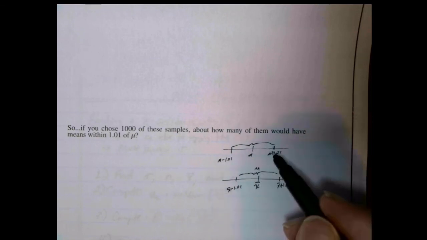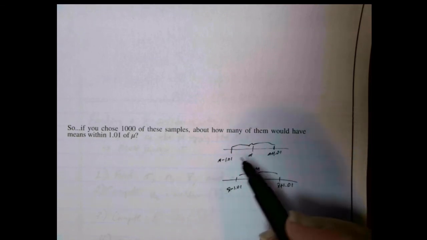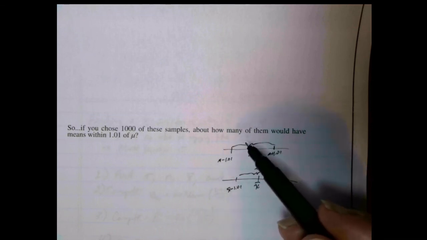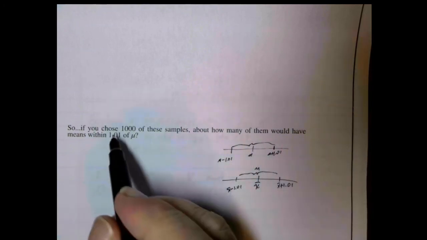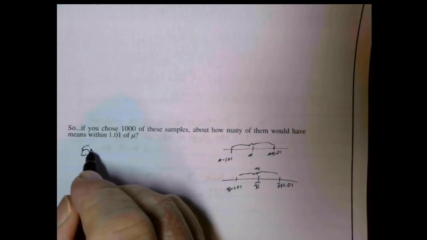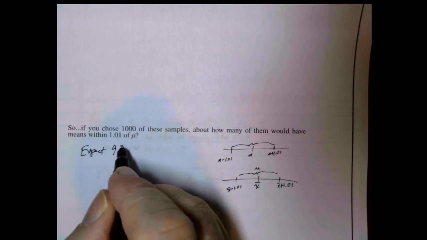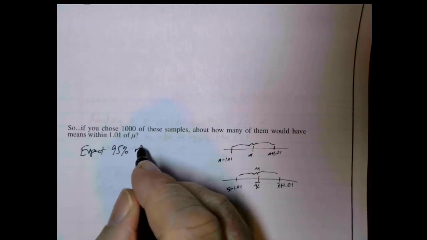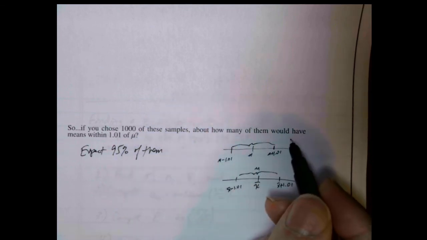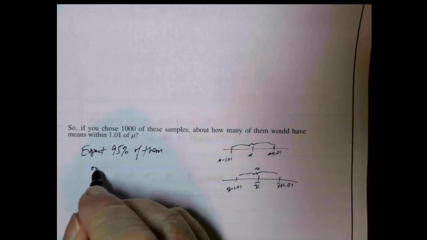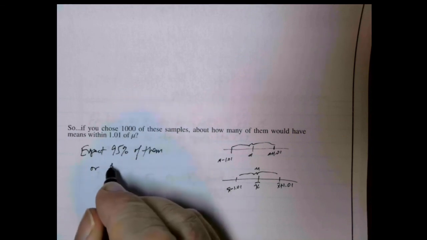So in any case, 95% of all the sample means of this size will be within 1.01 of mu. And so we can expect 95% of them to have this property, right? Or 95% of 1,000 is 950.